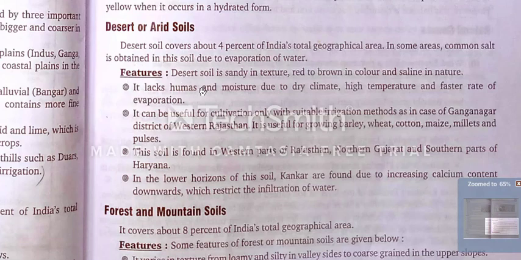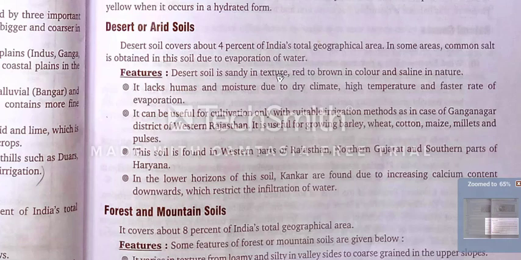See its features. Desert soil is sandy in texture, red to brown in color, and saline in nature. Means there is so much sand and dust particle in the desert soil. Texture I have told you.